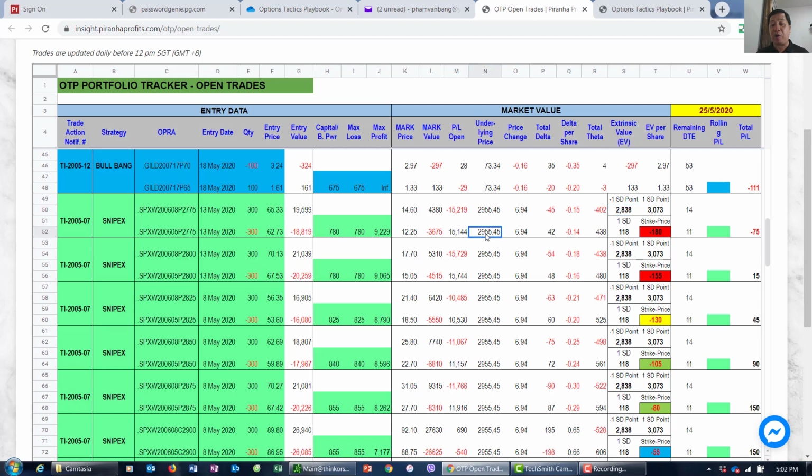Based on the current market price, 2955 plus 118, that is 3073. 2955 minus 118, that is 2838. So that is 2 points for you, 2 goal posts for you to watch. If your strike is outside, it's in red or yellow. If it's inside, it's green or blue.